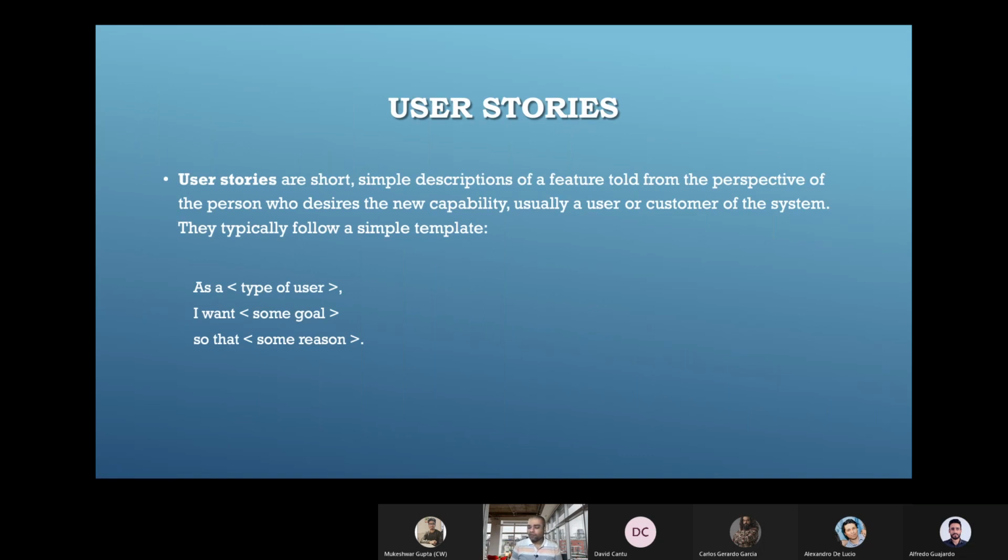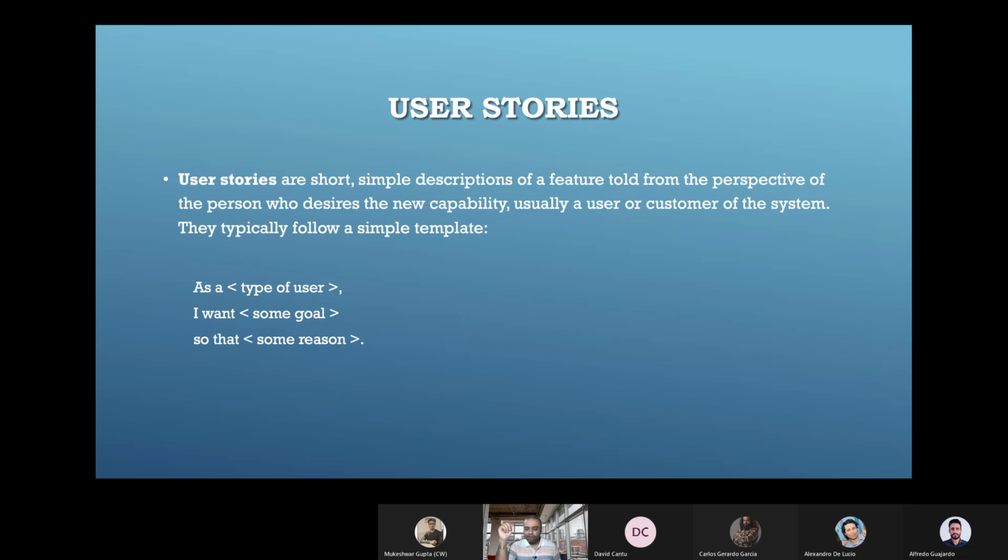Now, let's talk about user stories. Epic is something which the product owner will create, and then epics can be broken down into stories. An epic can be a huge functionality or a major feature, and you are going to break down that epic into stories. The stories are a short, simple description of a feature, told from the perspective of the person who desires the new capability, usually a user or customer of the system.